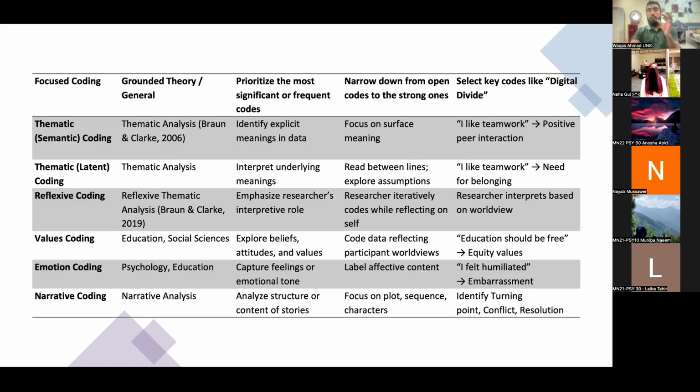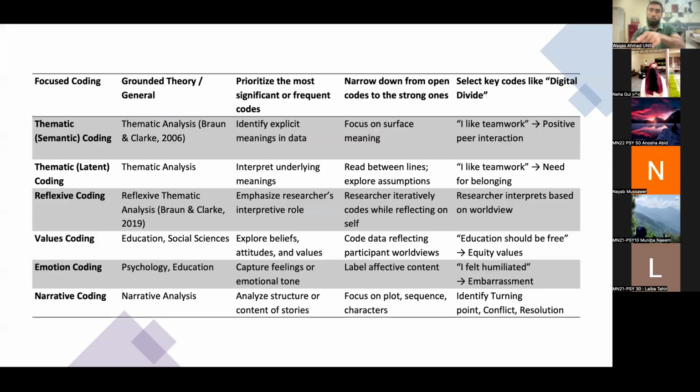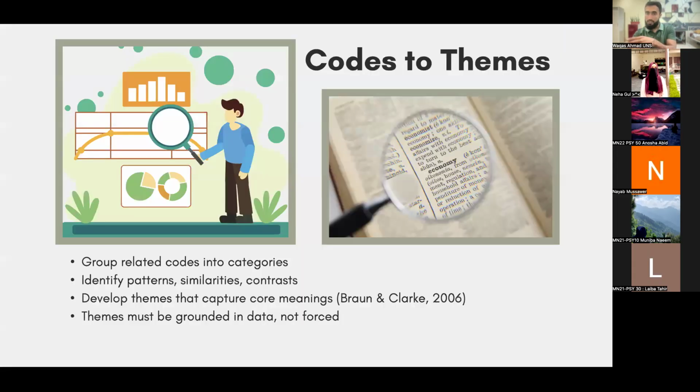But for example, if you are not doing thematic analysis, you still need to have coding. For example, from here, you can say codes to grounded theory, codes to reflexive analysis, codes to, for example, narrative analysis. So now what you need to do, you need to group related codes into one category.